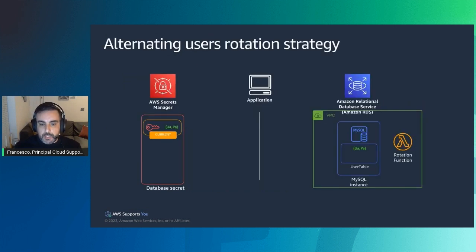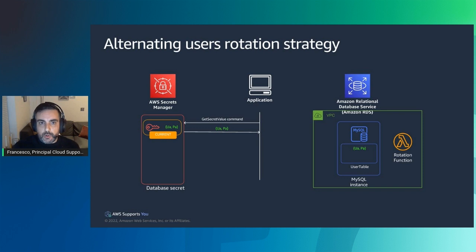To explain this a bit more clearly, I'll draw this graph where we have your Secrets Manager with your database secret, your RDS database in your VPC, and an application that's attempting to connect. So normally what happens is that your application contacts Secrets Manager to retrieve credentials, and Secrets Manager responds with a set of credentials.